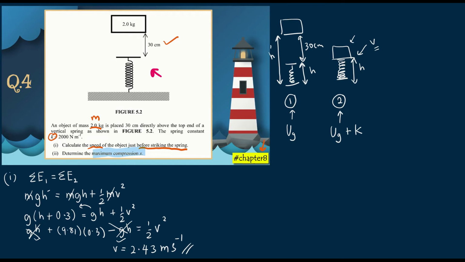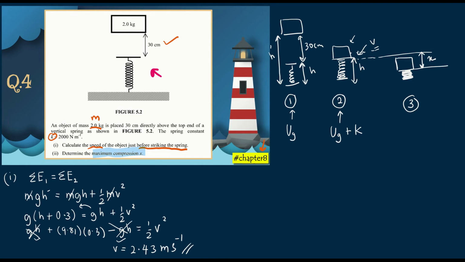The second question asks us to determine the maximum compression s, meaning that we have a third condition. The third condition is when your spring is now being compressed and the height of the box is lower. From this position to this position, we have a value of compression here, s.